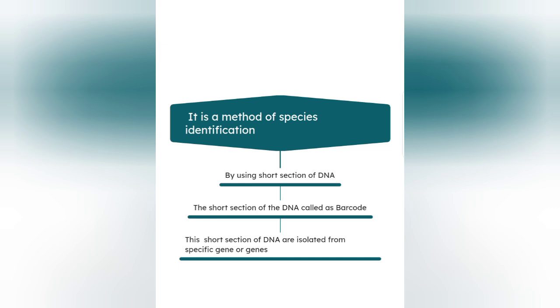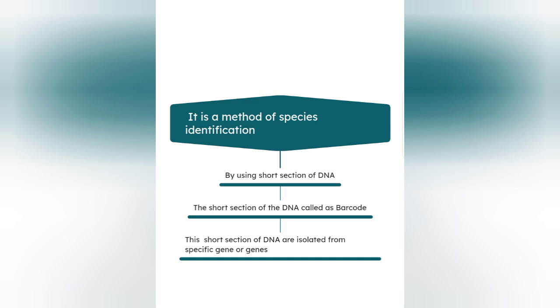To do the identification, it uses the short section of the DNA of that unidentified organism. This short section of the DNA is isolated from the gene of this unidentified organism. This short section is called a barcode.